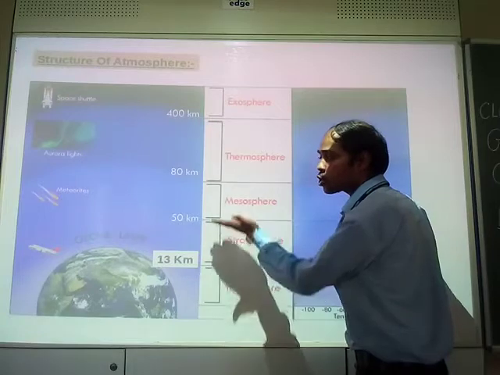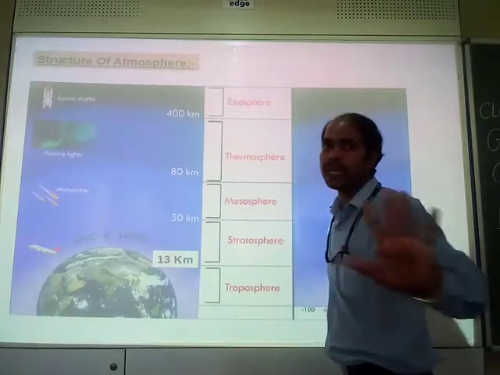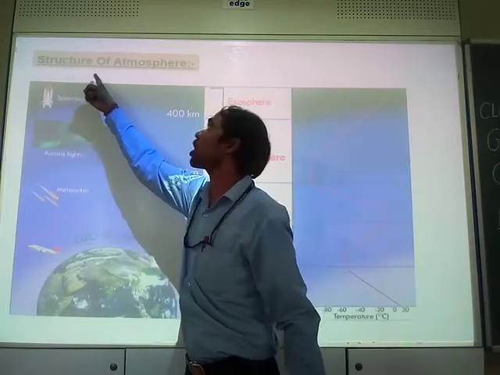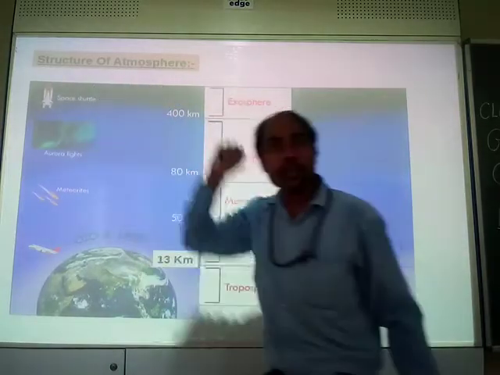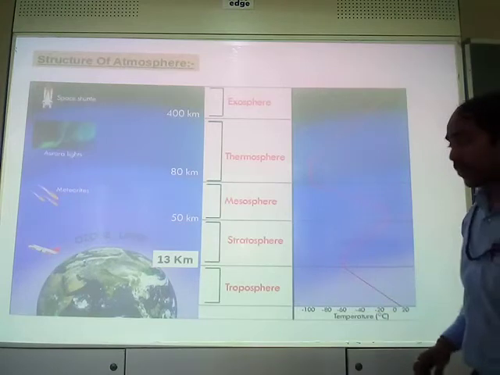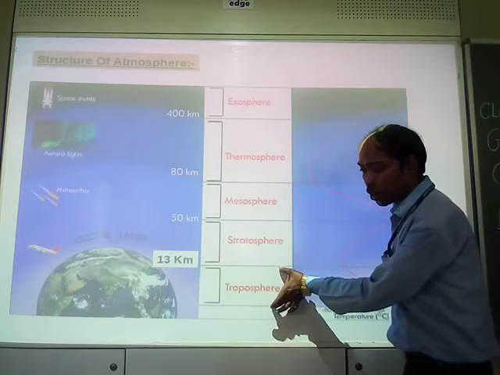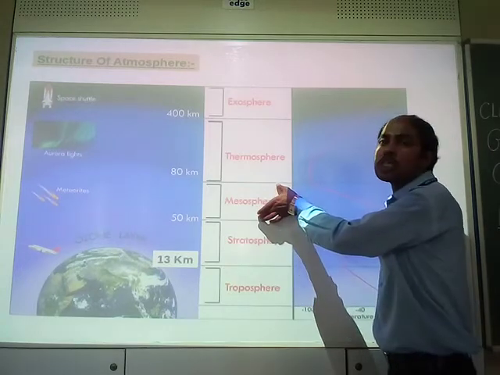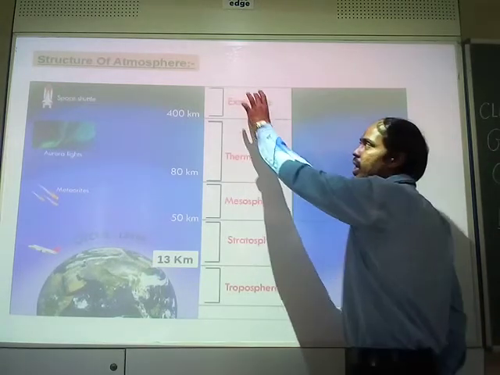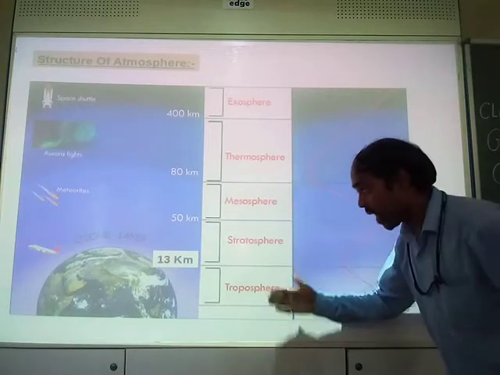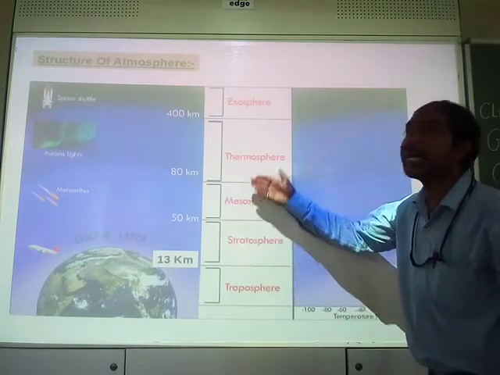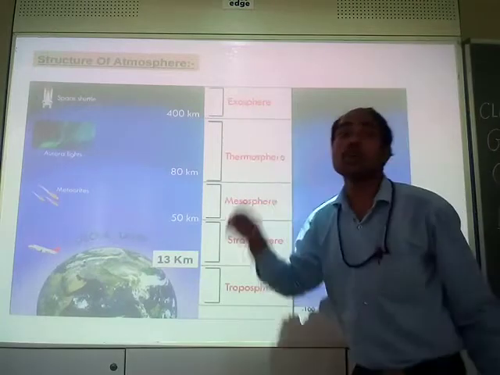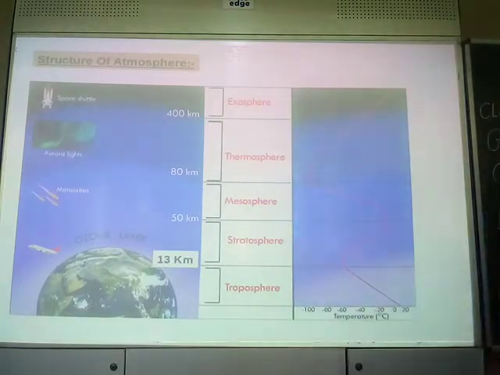These are layers of air only, nothing else. The names are troposphere, stratosphere, mesosphere, thermosphere and exosphere. We have to read in detail about all these different layers of the atmosphere.